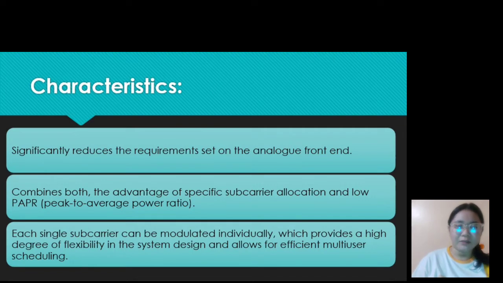Furthermore, each single subcarrier can be modulated individually, which provides a high degree of flexibility in the system design and allows for efficient multi-user scheduling. Compared to conventional multi-carrier systems, it is shown that GFDM is a promising alternative for heavily fragmented spectrums.